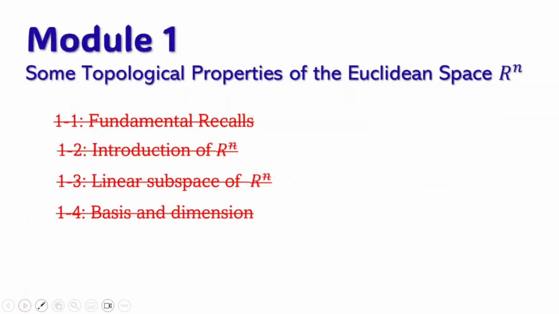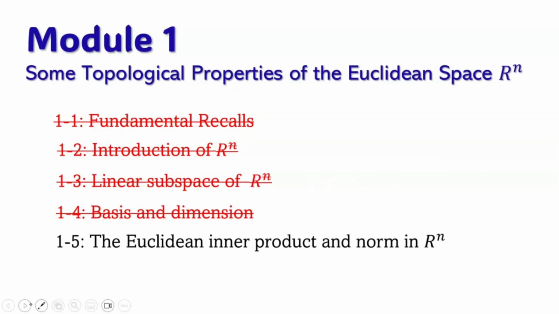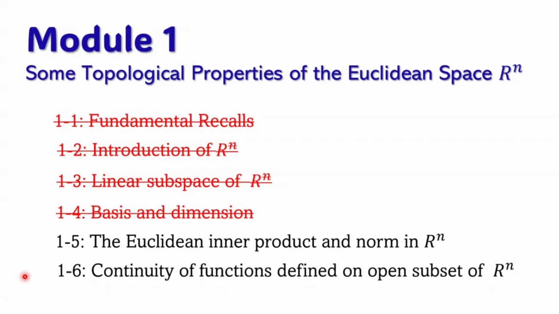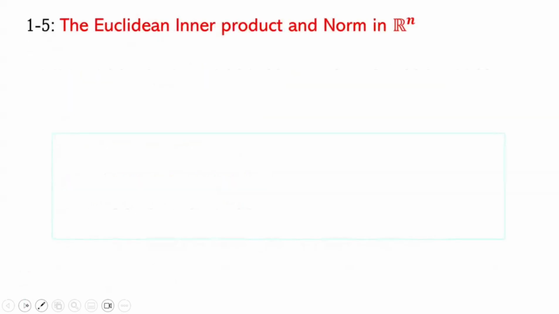Previously we covered four topics, and today's topic is inner product and norm in Rn. The last topic left is the continuity of functions on open subsets of Rn. So let's start with the fifth topic, the inner product in Rn.